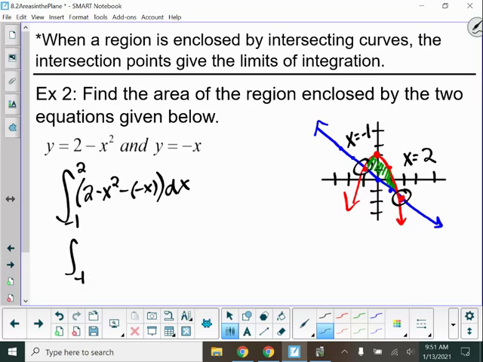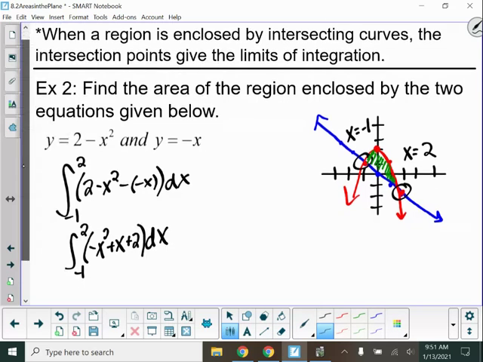So because I am going to integrate this by hand, I'm going to go through and simplify this. So this is going to become 2 minus x squared. And actually, I'm going to rewrite this so that I have my quadratic term first. So I have -x squared plus x plus 2 is going to be what I'm integrating.